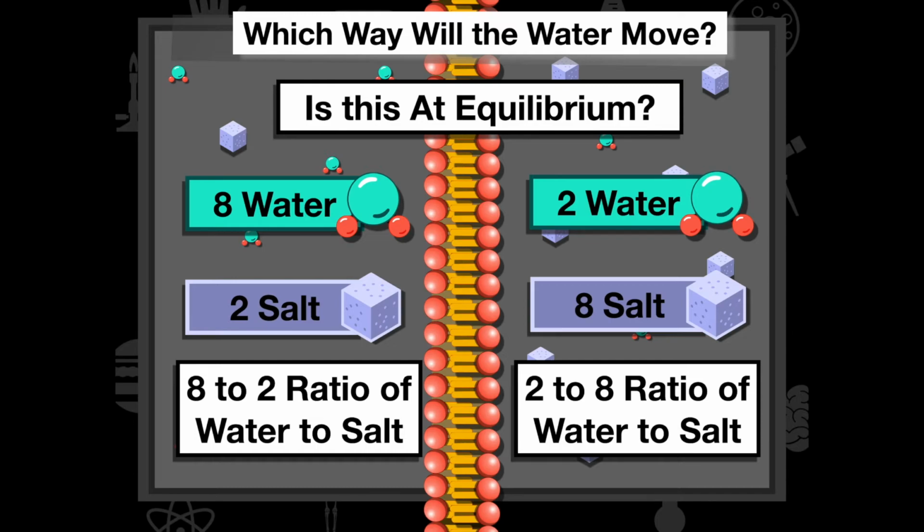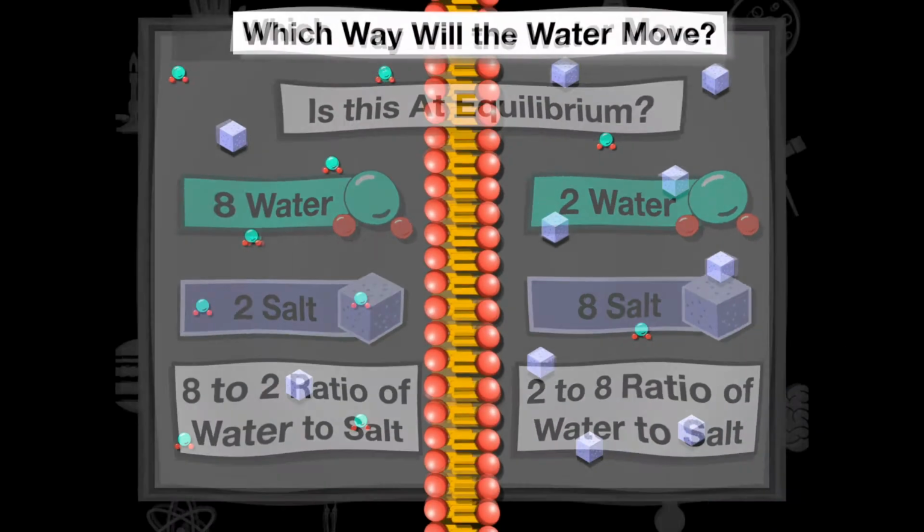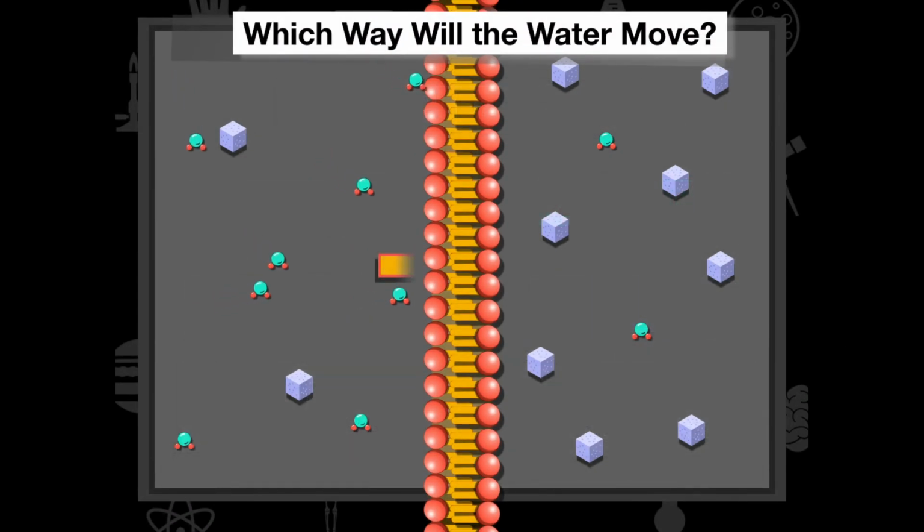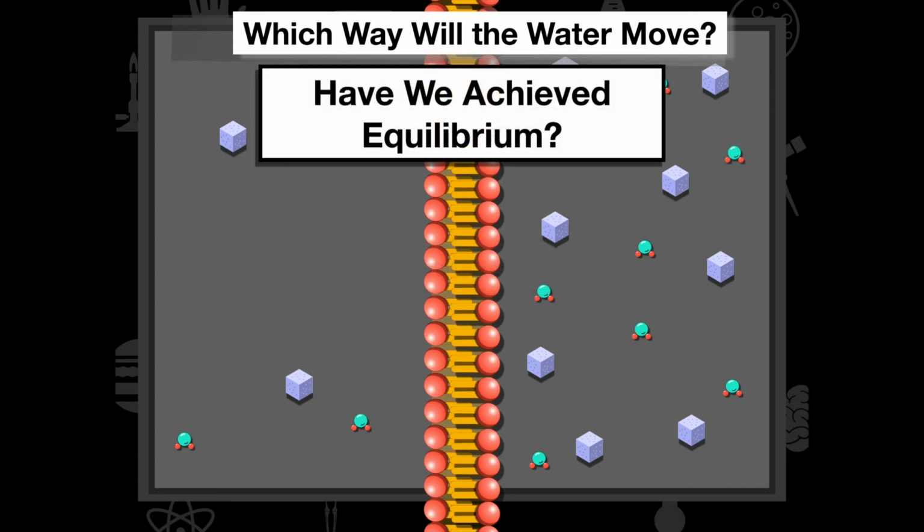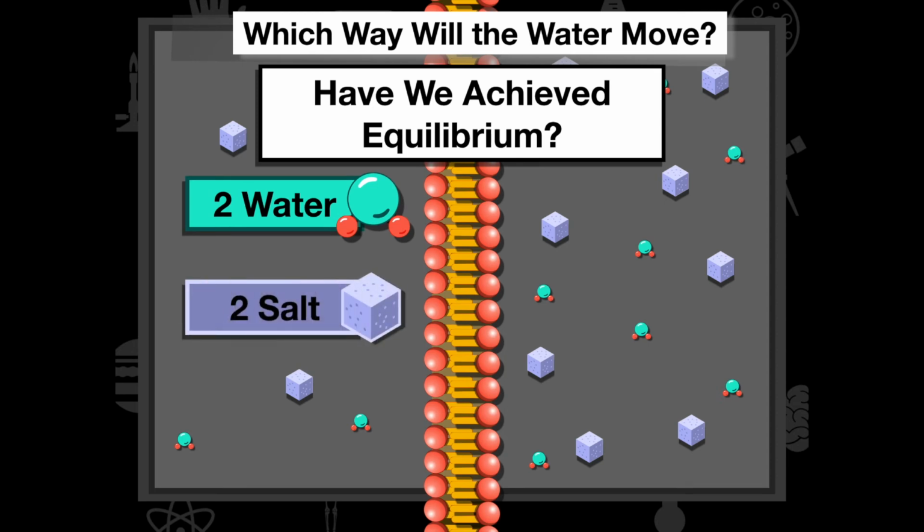How do we achieve equilibrium in this system? Well, the system is going to achieve equilibrium by moving the water molecules over here. You're probably thinking, why does that happen? How does that make sense? Let's go back and look at our ratio here. And have we achieved equilibrium here? Well, let's look at the ratios. We have 2 water and 2 salt.